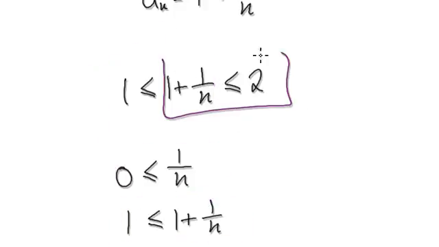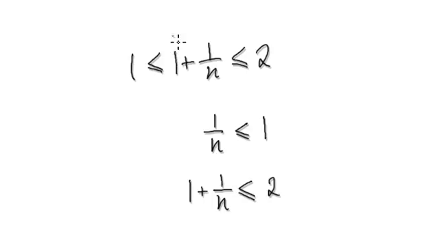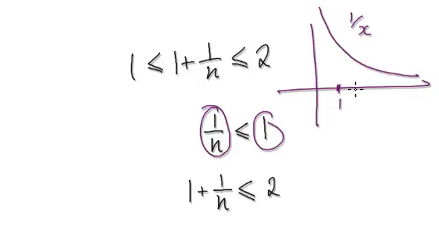Now we will need to look at this part here. So to show the second part, we will start out by saying, well, 1 over n will always be less than or equal to 1, because when n is 1, it's dead on 1. When it's 2, it's going to be a half, and when it's 3, it's going to be a third.